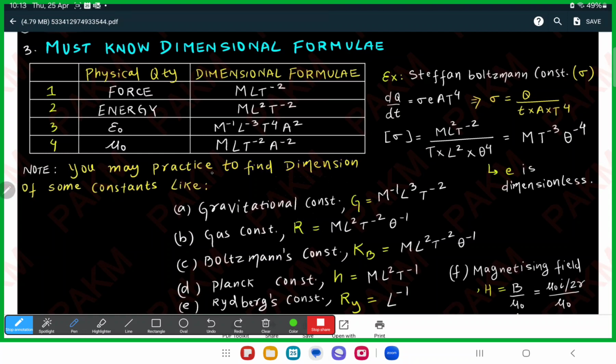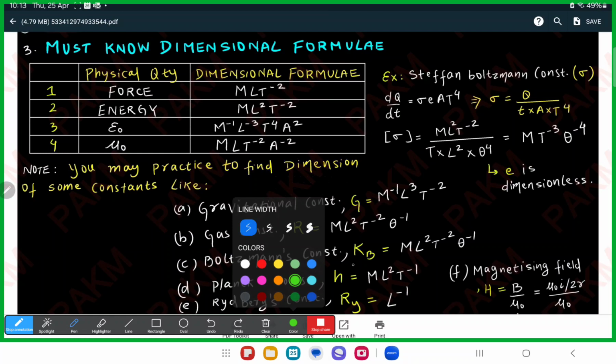You may practice to find dimension of some constant they have given, like gravitation constant, gas constant, Boltzmann constant, Planck constant, Rydberg constant. So these many are frequently asked. So you can check these values and the dimension formula. Now Stefan Boltzmann constant, called sigma. Fine.